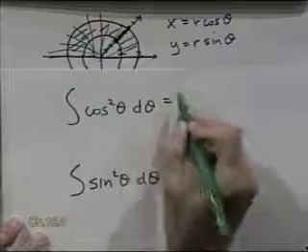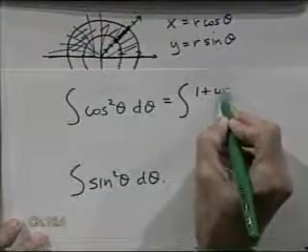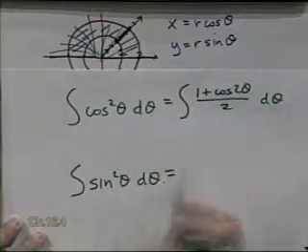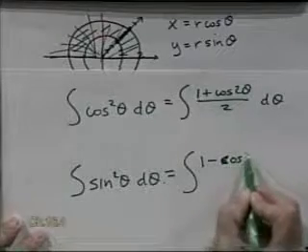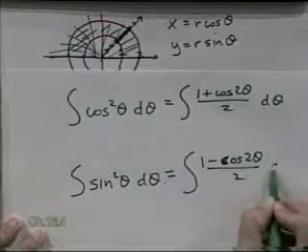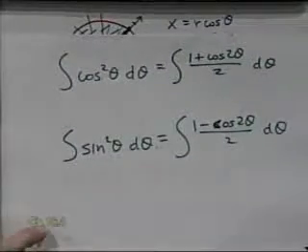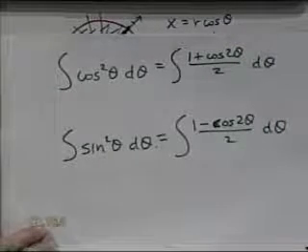If you have cosine squared, you replace it with 1 plus cosine 2 theta over 2. And if you have sine squared, you replace it with 1 minus cosine 2 theta over 2. You might want to put that on your cheat sheet if you forget. But if you have cosine squared or sine squared, you make this substitution.